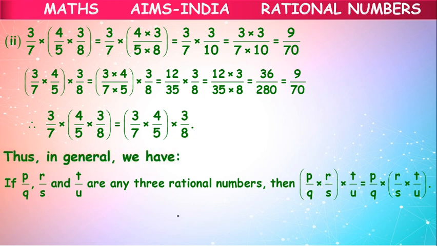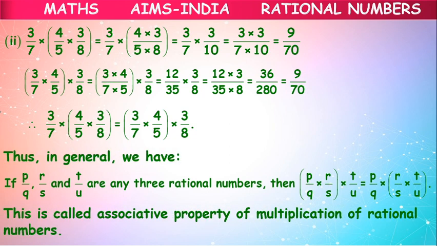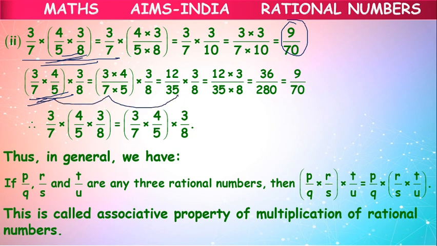You can observe with another example also: 3/7, 4/5, 3/8. The result is 9/70. Here the group changed: first and second grouped together, simplified, then multiplied with the third one. Then also the result is 9/70. Though we have changed the order, the result is equal.